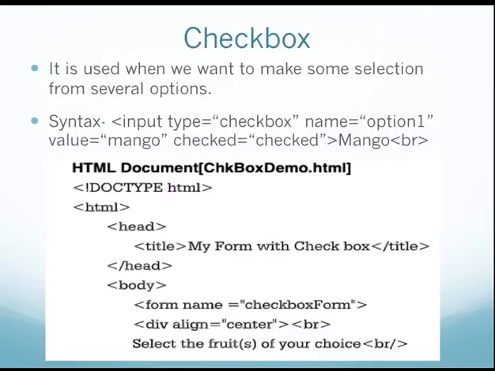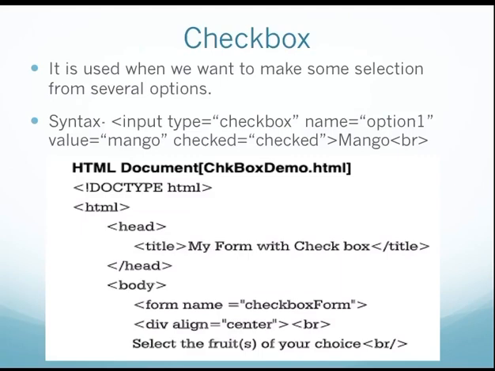Next is what? The next component is the checkbox. See, for example, there are several options, and when you want to make a certain kind of selection from those options, you take a checkbox. That is, there are multiple options. For example, you are given multiple fruits, or you are given multiple streams.